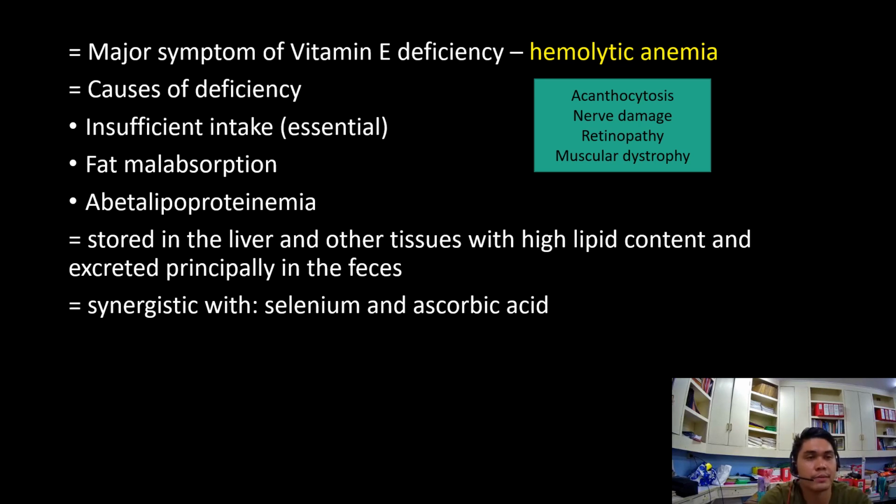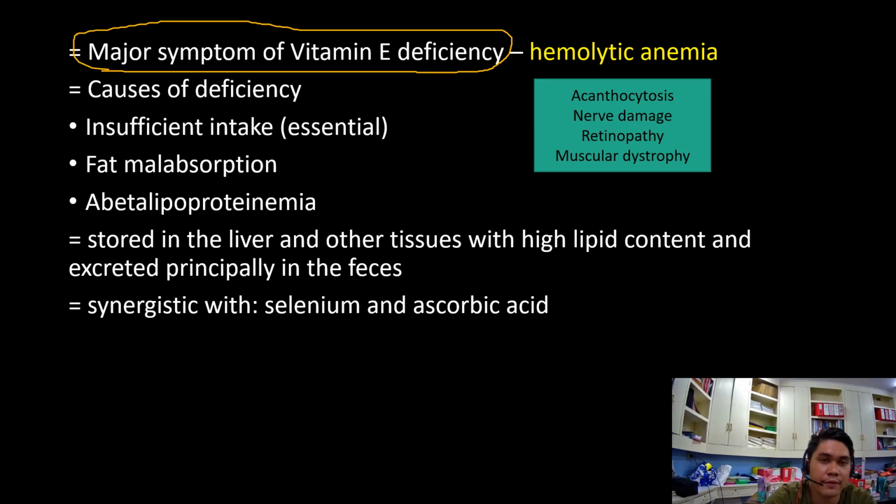Then the major symptoms of vitamin E deficiency. You have hemolytic anemia. Why hemolytic anemia? Because of early oxidation of red blood cells due to decreased vitamin E, because vitamin E prevents early oxidation of cells. Oxidation means the cell gets damaged.